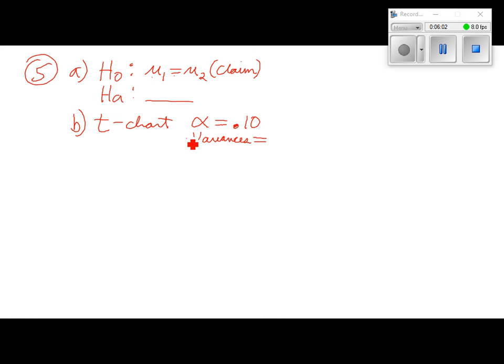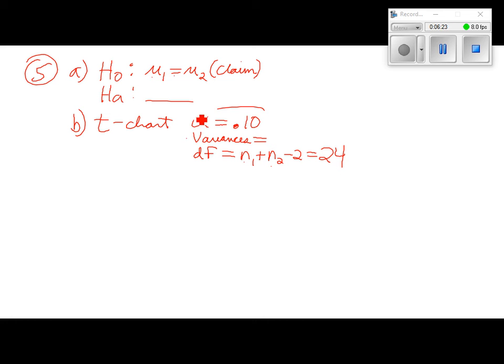The reason we need to know that the variances are equal is so we can find the DF. If the variances are equal, then the DF is N1 plus N2 minus 2. And they tell you what N1 is, they tell you what N2 is. Subtract 2, then you should be able to find the DF there.